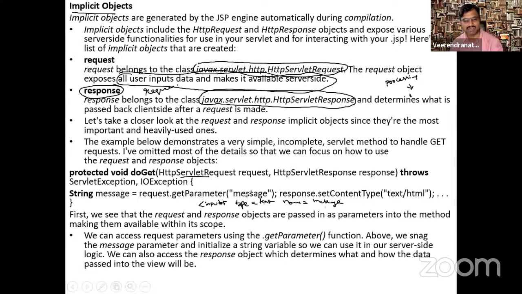What is the parameter here? getParameter of the message means whatever the name that the client has typed. Suppose it is John, then that John will come and sit in this message. That is where request.getParameter comes into the picture.